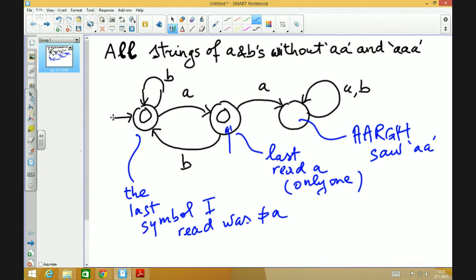If in that state you see a B, you go back to a state that allows you to remember that you last didn't see an A, which was the first one. But if in that state you see another A, bad things happen. You saw the stuff you didn't want to see and you reject everything, because the string that you just read was not a good one, where our definition of good is, for this specific example, no AA.